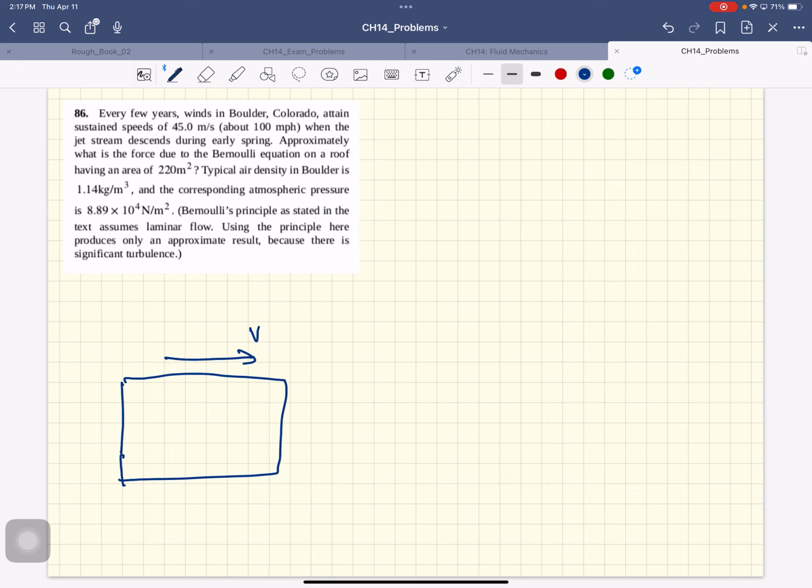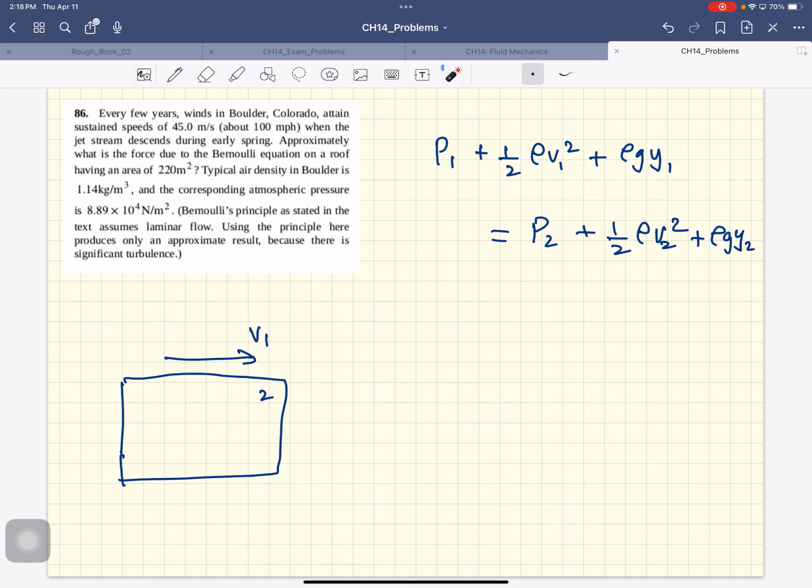Okay, so here, the fluid is air. V1 and V2 are points just on top of the roof and just below the roof.